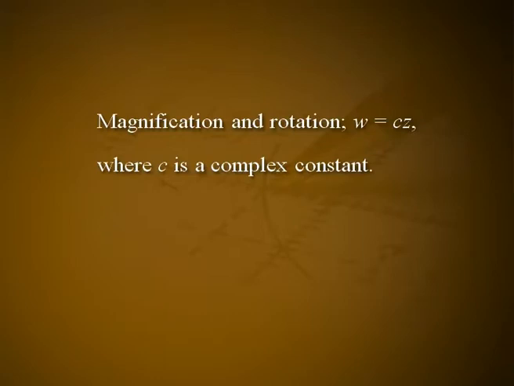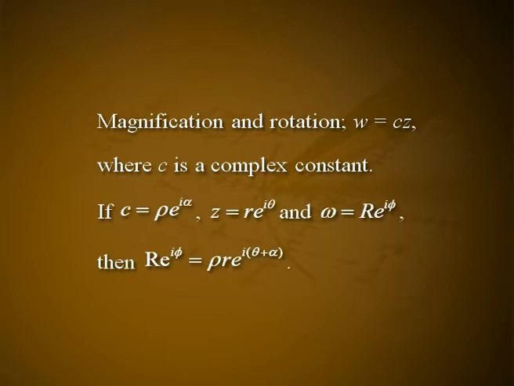Second one, magnification and rotation, w equal to c into z, where c is a complex constant. If c equal to rho e raised to i alpha, z equal to r e raised to i theta, and w equal to r e raised to i phi, then r e raised to i phi is equal to rho into r into e raised to i into theta plus alpha.